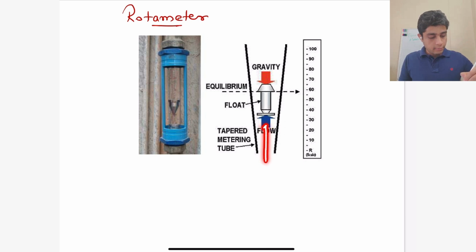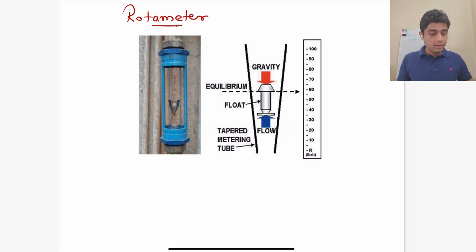So as the fluid flows past this object, there are three forces acting on this object. One is its own weight, the other is the force of buoyancy due to the fluid, and the third is the viscous drag as the fluid is passing past it.